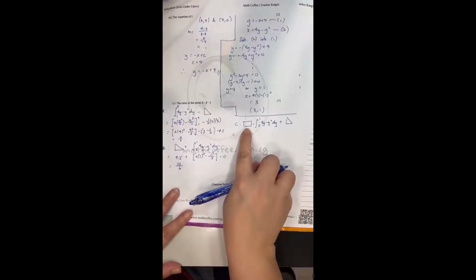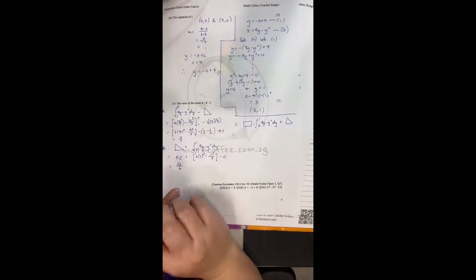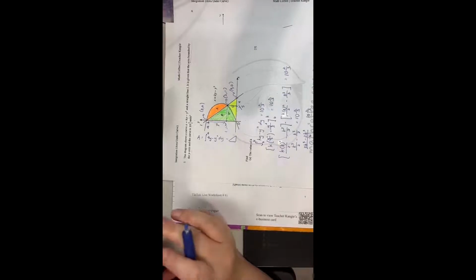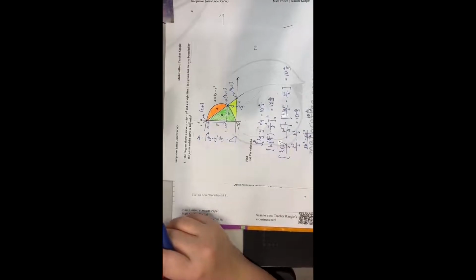So now let's analyze what is the rectangle, okay? Can take big triangle minus B. Big triangle minus B. Good idea. Yes, Zetang, that's a good one.